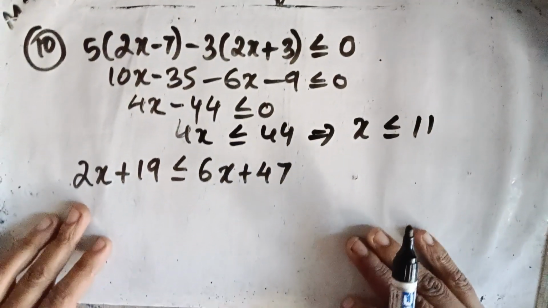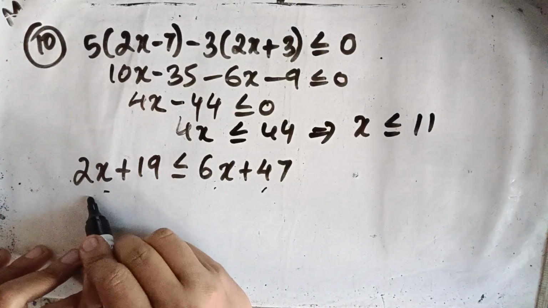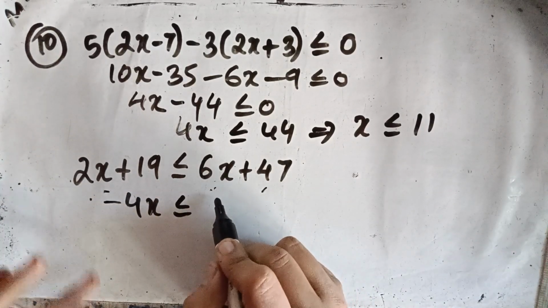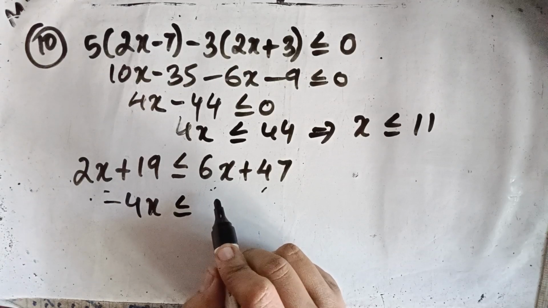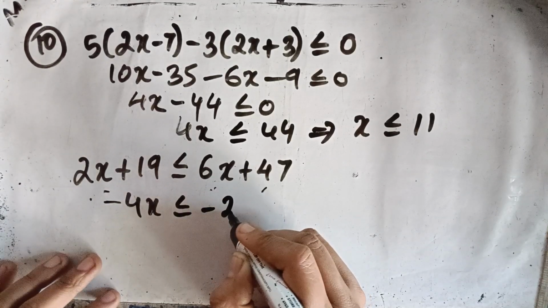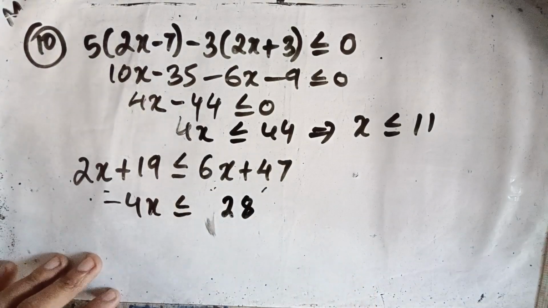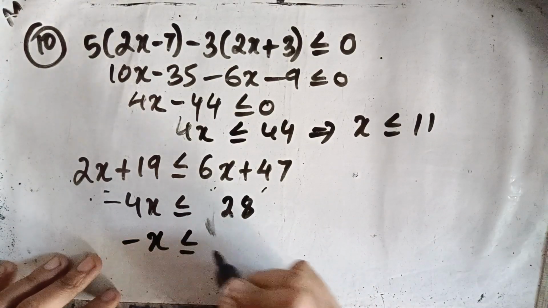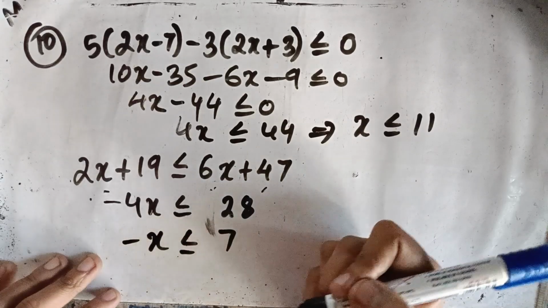Okay. Next inequality, 2x minus 6x is minus 4x. 47 minus 19 is plus 28. Okay. So minus x 7.